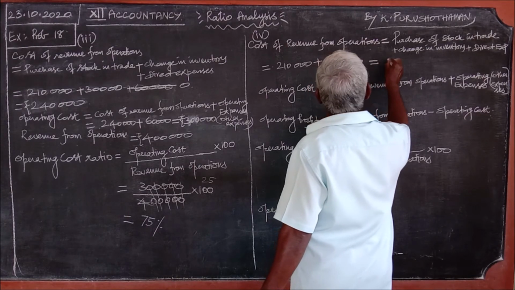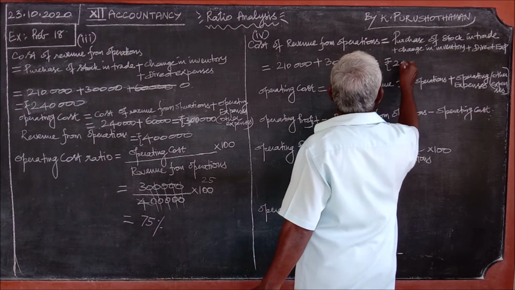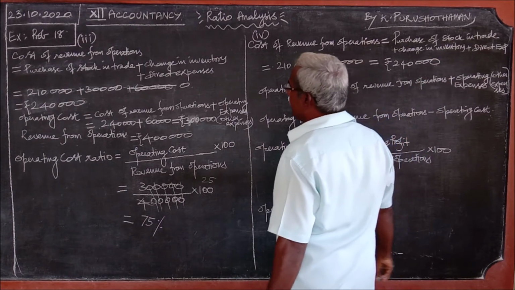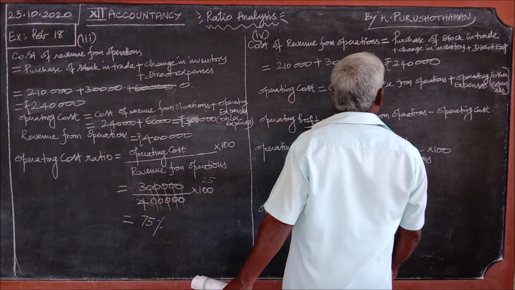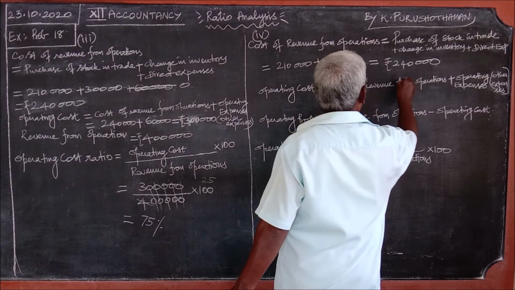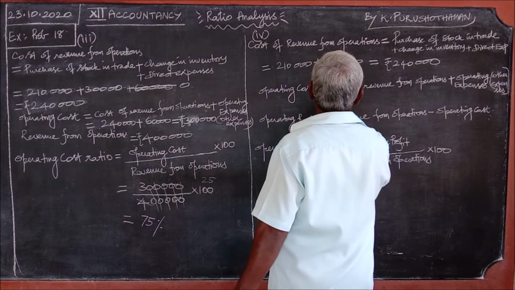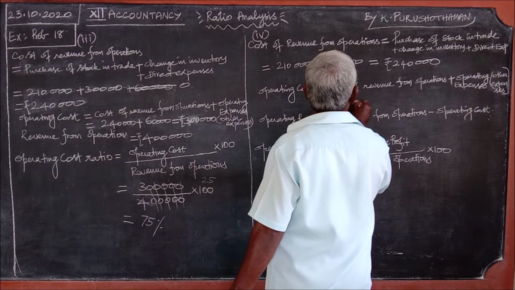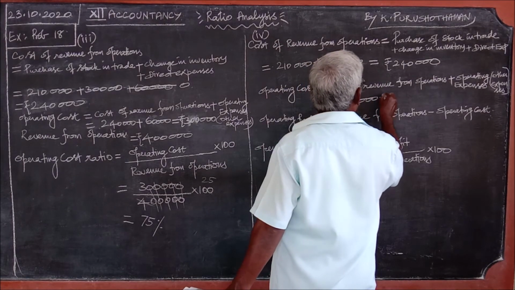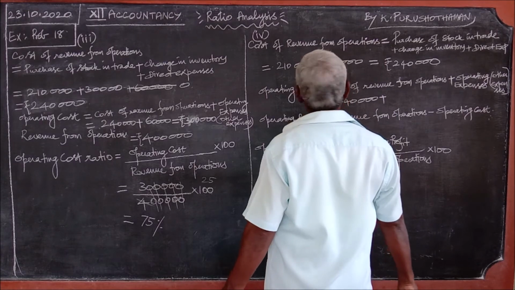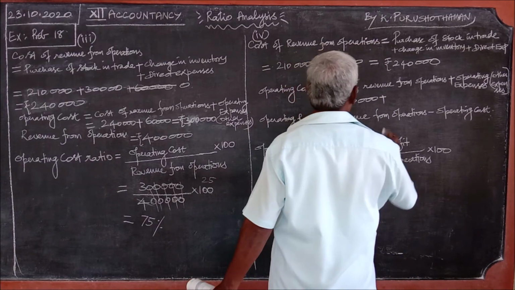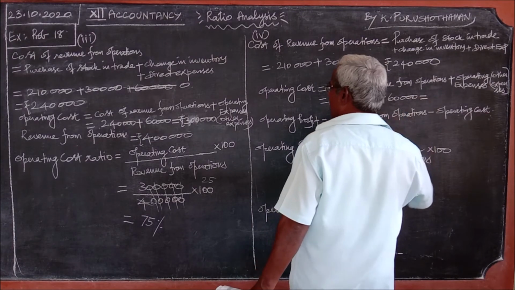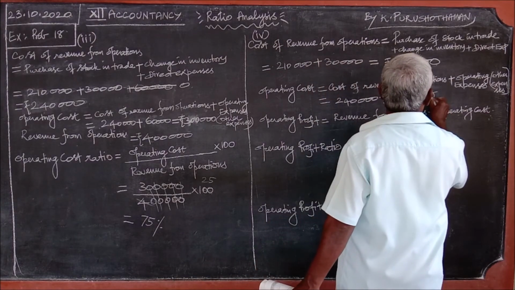So this is equal to 2,40,000. And operating cost is equal to cost of revenue from operations plus operating expenses. Cost of revenue from operations 2,40,000 plus operating expenses, that is other expenses 60,000, which is equal to 3 lakhs.